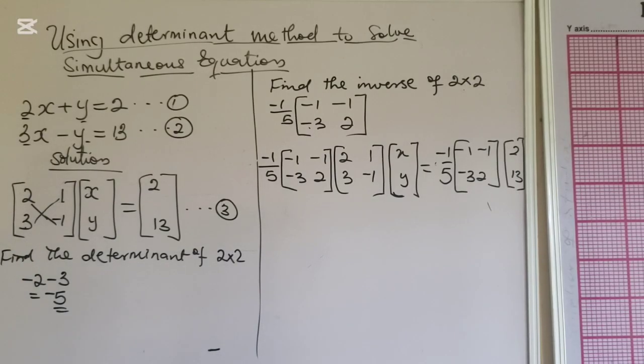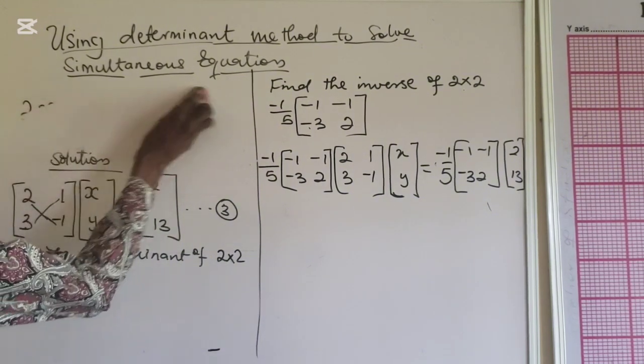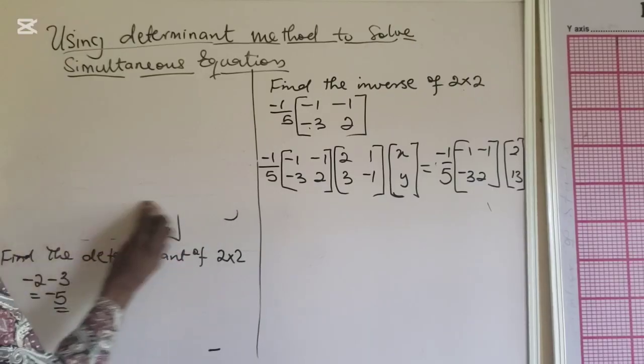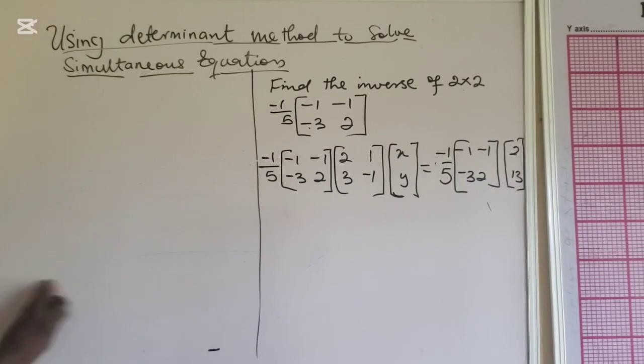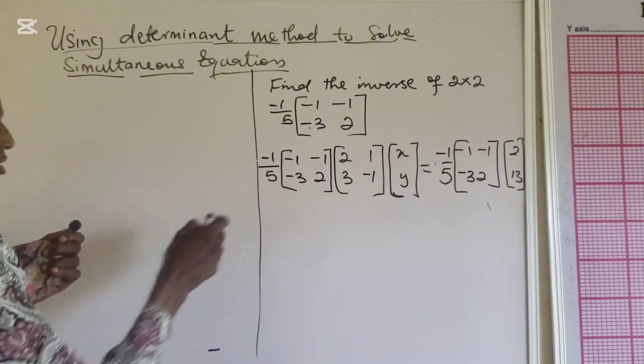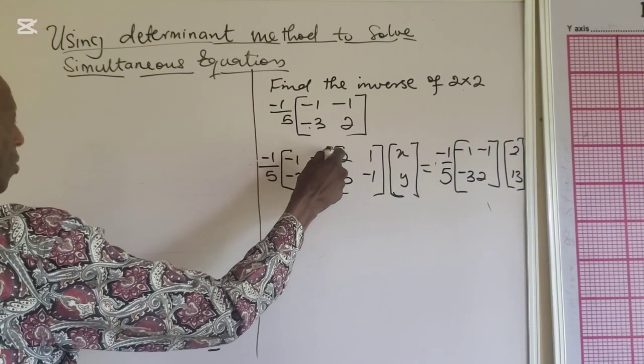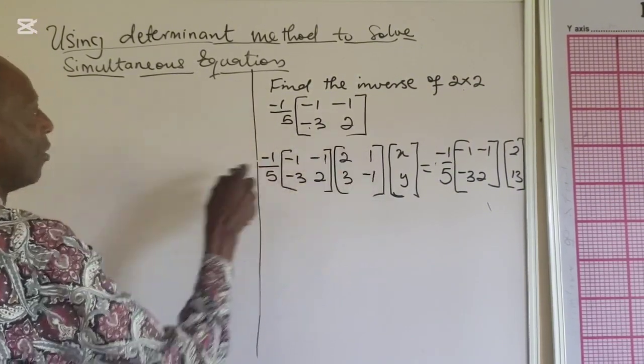Okay, let me show you how you can get the identity matrix. Permit me to clean this side of the board. That means, first of all, you will use multiplication of matrices. This row will multiply this column.